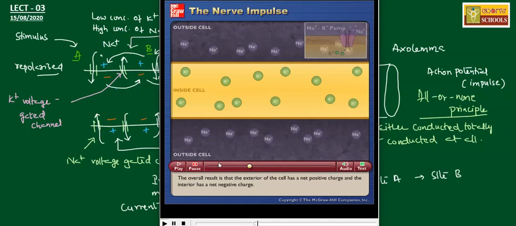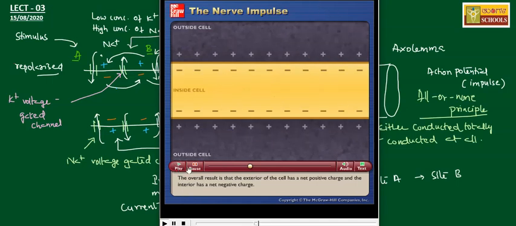That difference between interior and exterior of the cell is called the resting membrane potential.